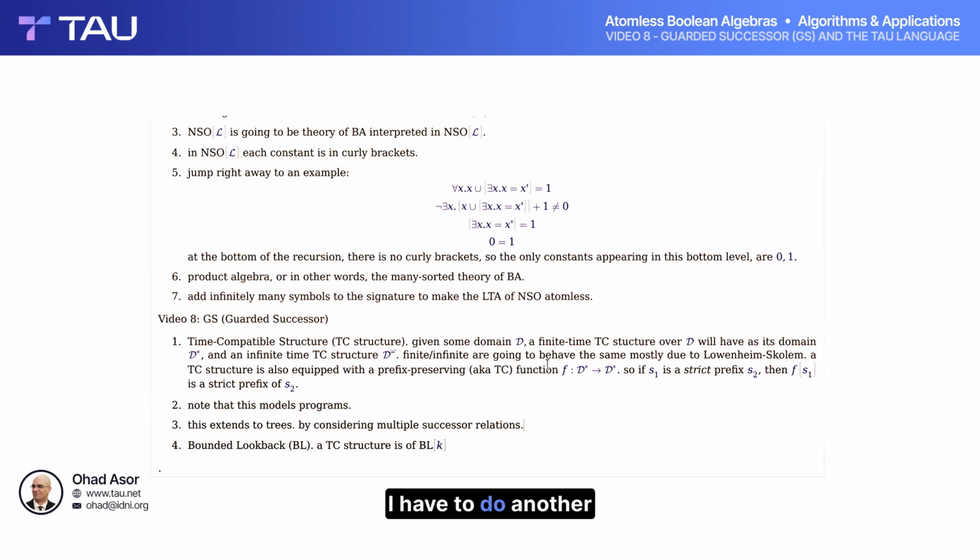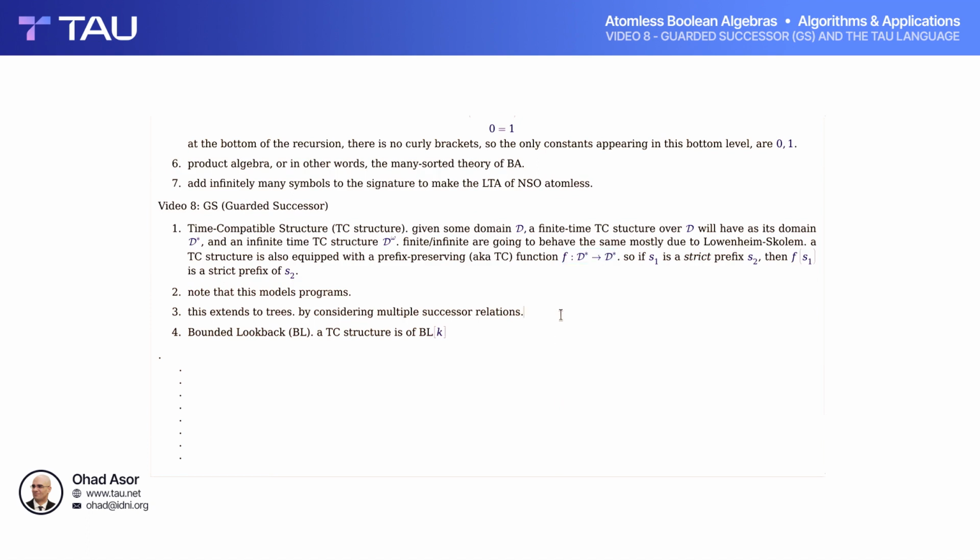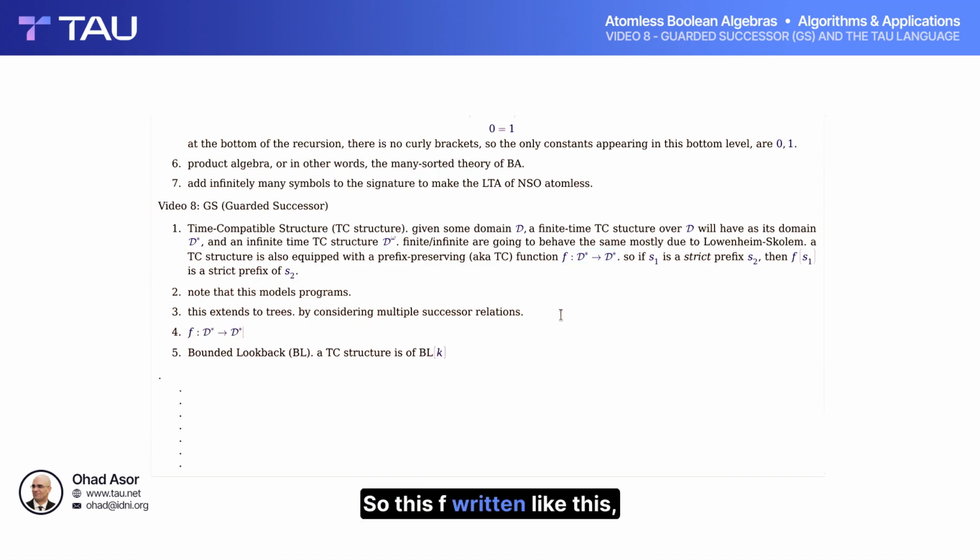I have to do another modification first. So this f, written like this, can also be written as f taking a function from the natural numbers to the domain and returning such a function, because f takes a sequence and returns a sequence.